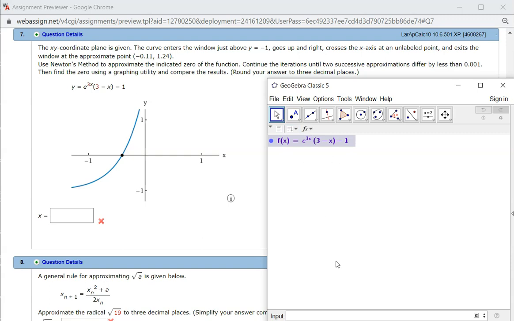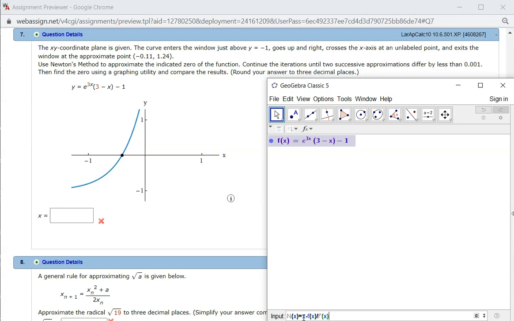Now I'm going to type in the Newton's method formula as n of x. So n of x is equal to x minus f of x divided by f prime of x.